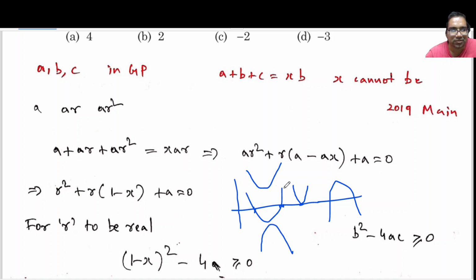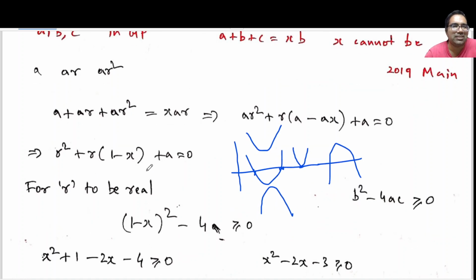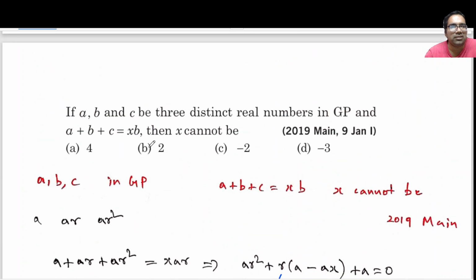The graph should touch the x-axis at two points, or at least one point. So we need the very basics of quadratic equations, apart from the geometric progression relation. Hope you guys like this.